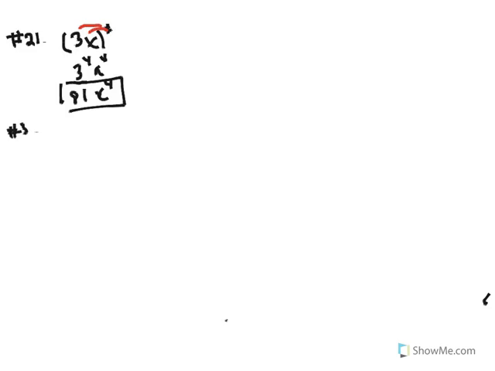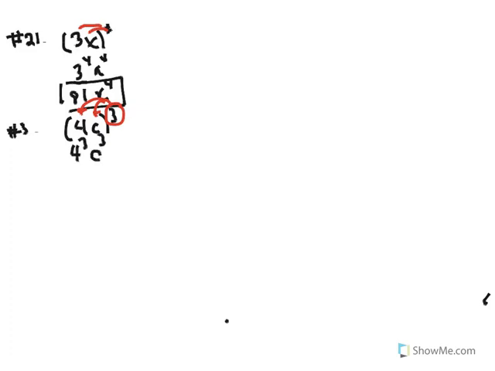Okay, let's do number 23. So number 23, I have 4c set to the third power. Again, I'm going to distribute the 3 to the 4 and to the c. So I'm going to have 4 to the third times c to the third.